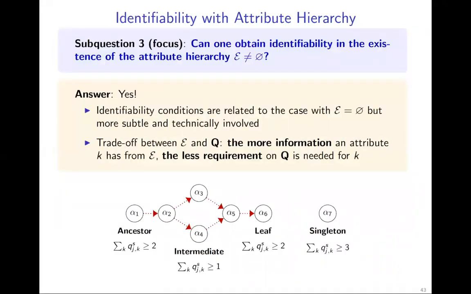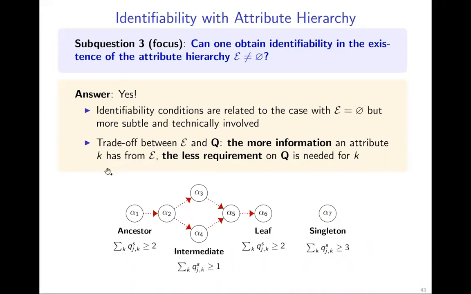So as a short answer to sub-question 3, can one obtain identifiability in the existence of a non-empty hierarchy graph? The answer is yes. And the identifiability conditions are related to the case when the hierarchy graph is empty. But the conditions here are more subtle and more technically involved, especially regarding their necessity.